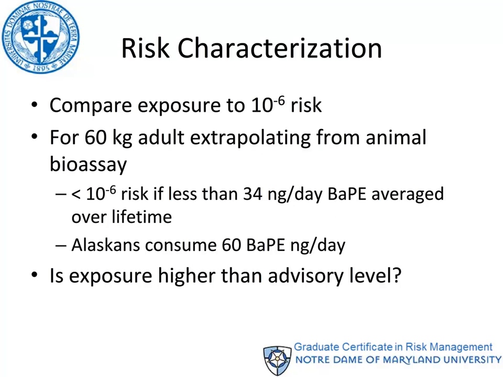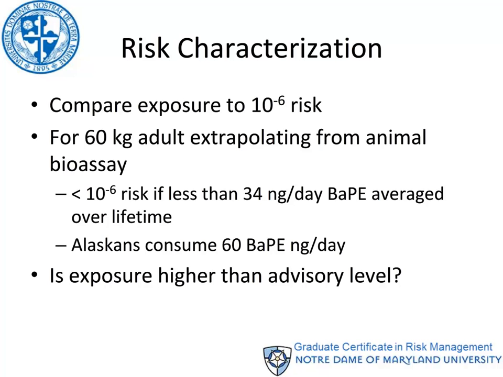The fourth and final step in the Red Book risk assessment paradigm is risk characterization. This is where we compare the actual exposure to PAHs to the 1 in a million risk that was calculated earlier. So for a 60 kilogram adult, extrapolating from those animal studies, we found that you have less than a 1 in a million risk if you are consuming less than 34 nanograms per day over your lifetime.